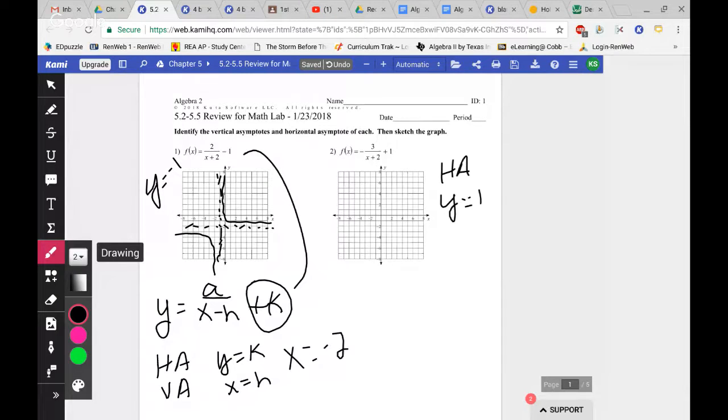Thank you. Okay, so all right, how about the vertical asymptote? Yes, that's correct. -2 is correct. Good job, guys. Okay, thank you. Good job. There we go.